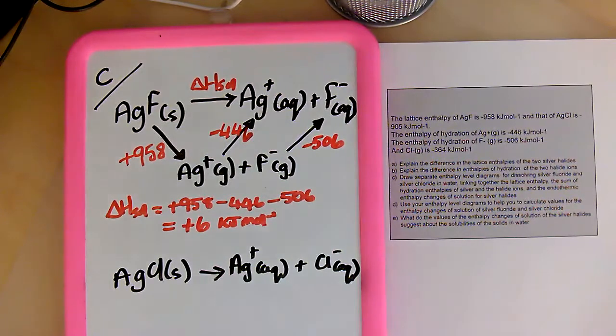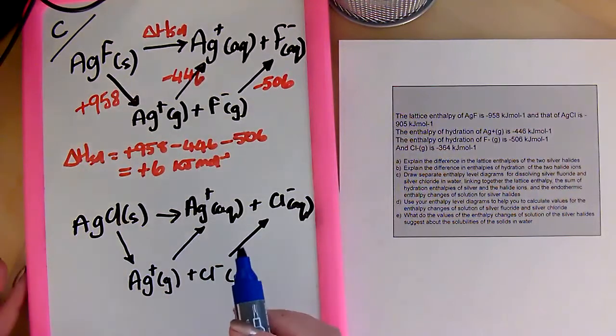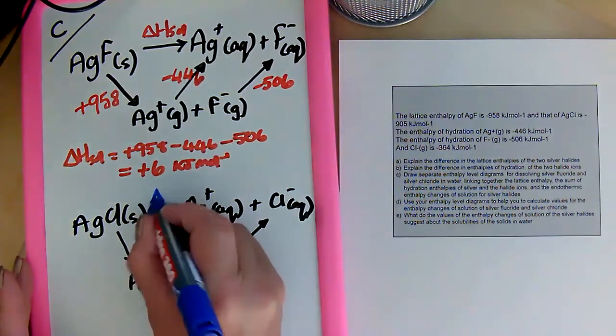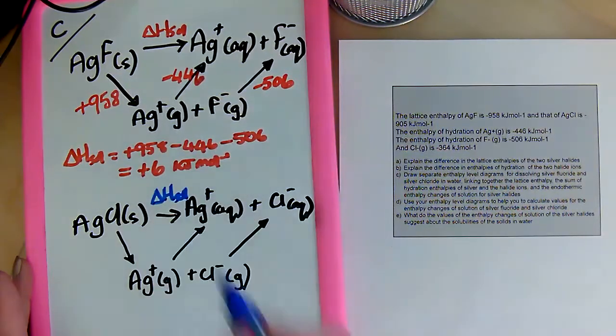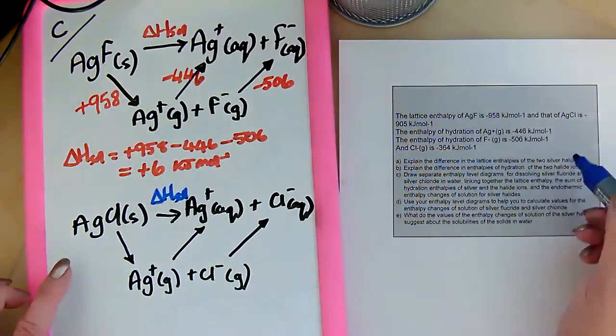Okay, so we can do exactly the same with silver chloride, and I'll just do that now. I'll just set up that diagram. Okay, so here's the same diagram, but putting chloride ions in instead. So we need to calculate this enthalpy of solution from what we have here.